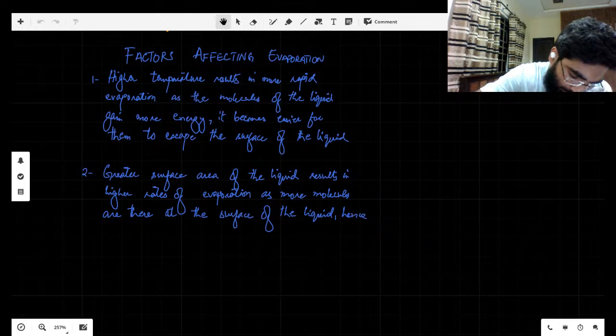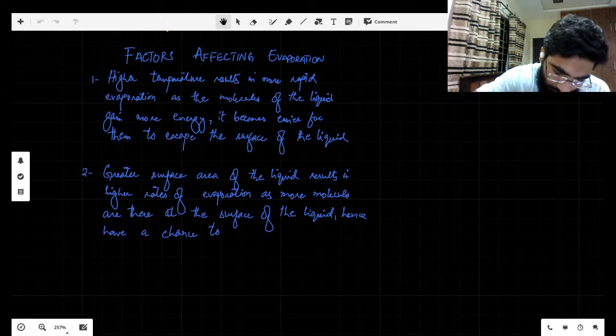Hence, more molecules have a chance to escape in the air.